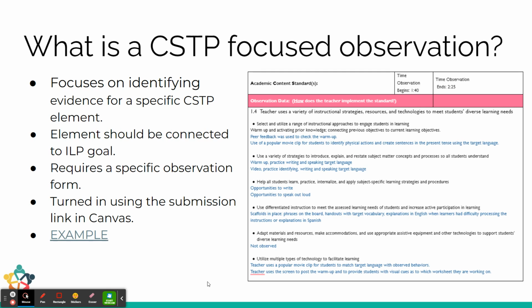So it doesn't mean you can't do an observation to meet both purposes, one for evaluation and one for induction. Just the way in which that information is shared has slightly different purposes. One set of information is going to the evaluator to show evidence of growth towards a goal, and the other is going to the induction program to show evidence of growth in particular CSTP areas.